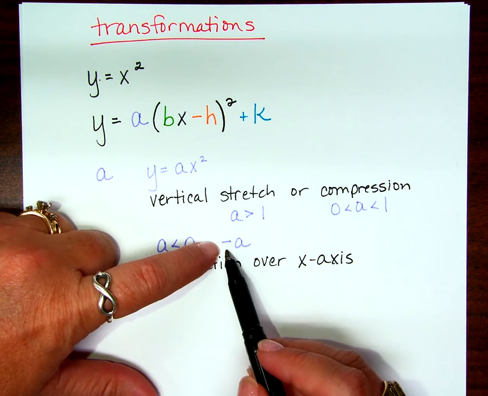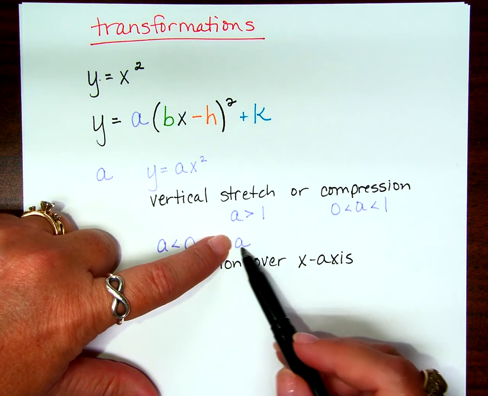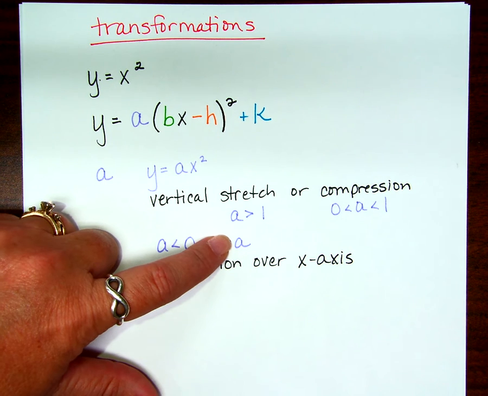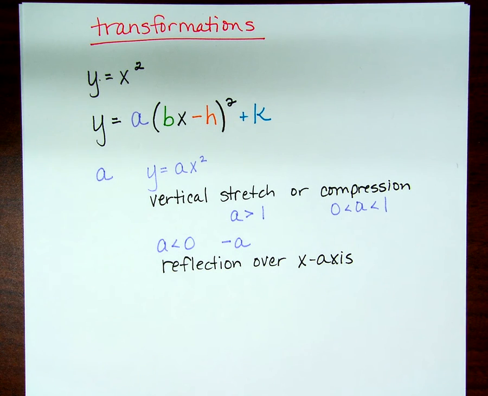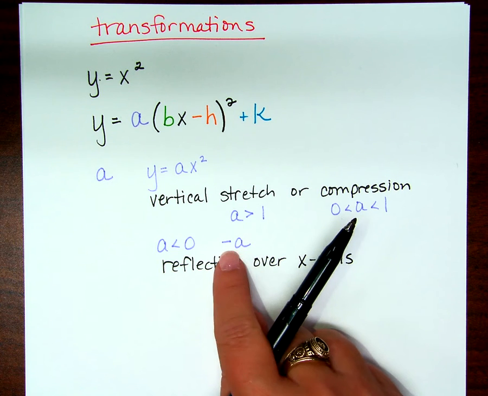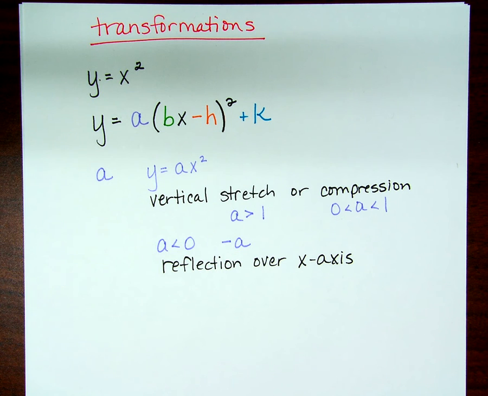So the negative sign causes a reflection, and then the value of A tells you whether it's a stretch or compression. Does that make sense? So it's like two different parts. Even though it's sitting right next to each other, it's two different things. The negative causes a reflection, the A changes the shape. Does that make sense?